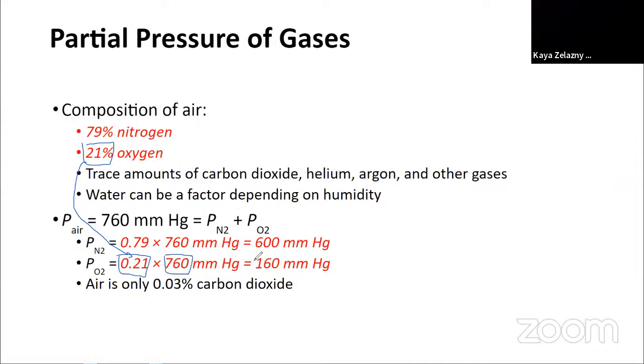And this gives us a partial pressure of 160 millimeters of mercury. So these are going to be the partial pressures of nitrogen and oxygen in the atmosphere around us. But these are not going to be the partial pressures of oxygen and nitrogen in our lungs, because we're going to have that mixing of the dead air with the fresh air.